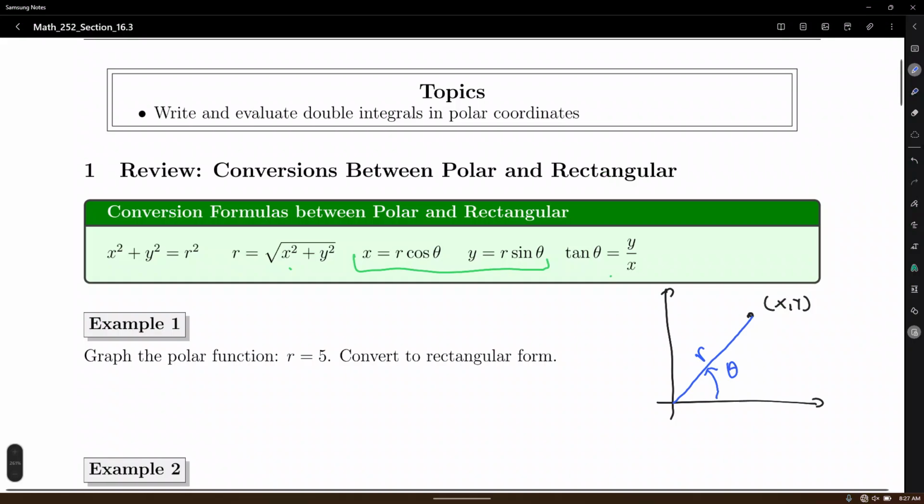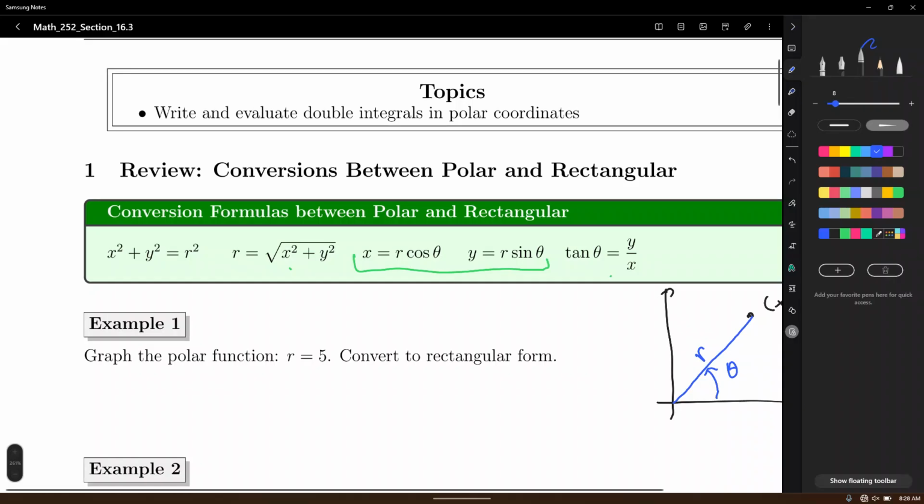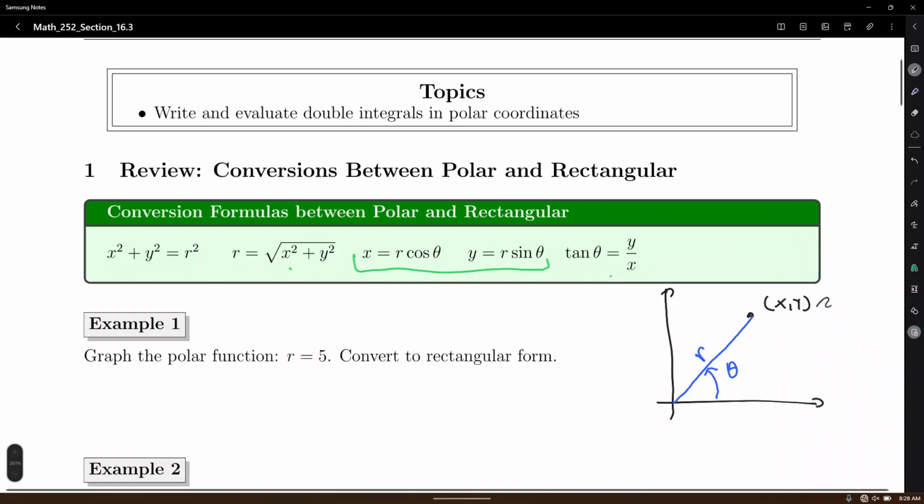In the end, we should express this point x, y instead as r, theta. We'll no longer go length and width, or horizontal and vertical. We're going to go a distance away from O. The origin is no longer called the origin.